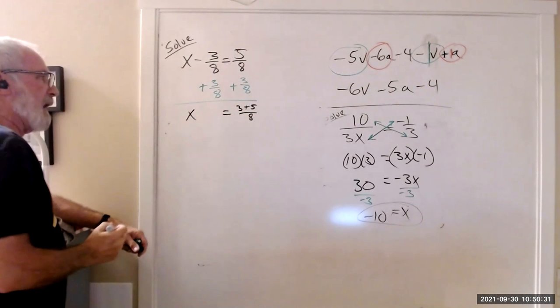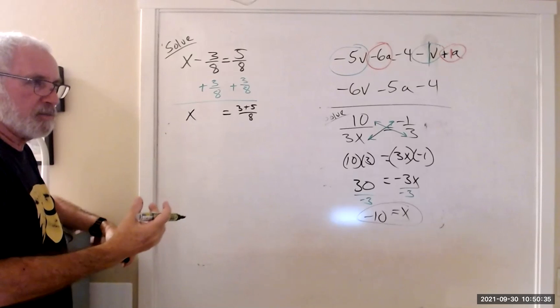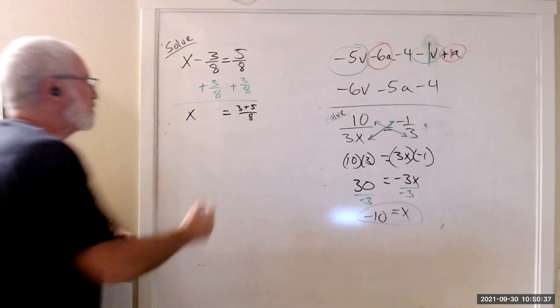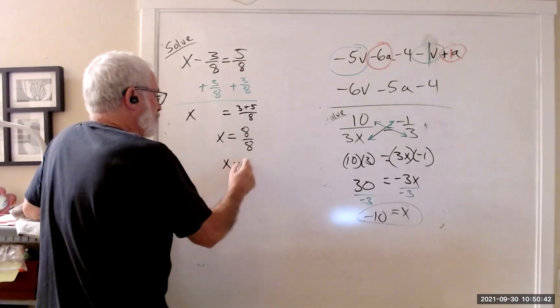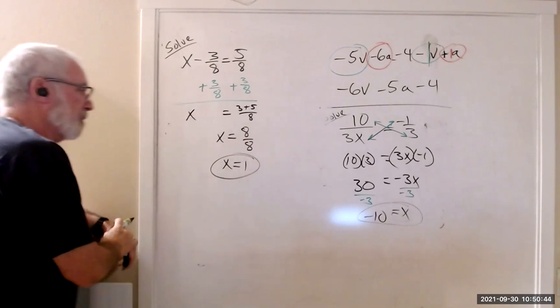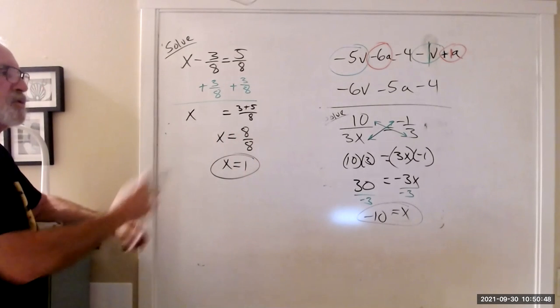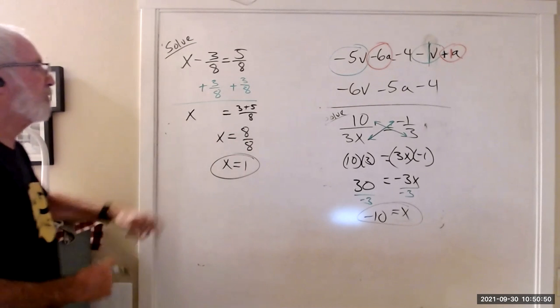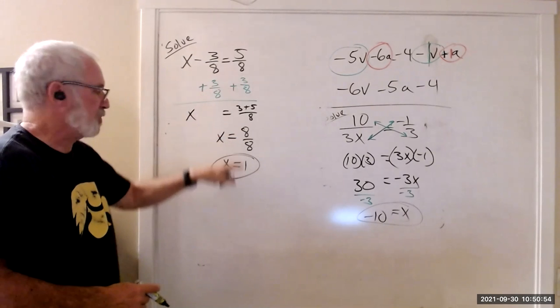The rule for adding fractions is add the tops, keep the denominator. So this gives me x is 8/8, which is 1, and we're done. That was it, just adding 3/8 to both sides. And 5/8 plus 3/8 made 8/8, which reduces to 1.